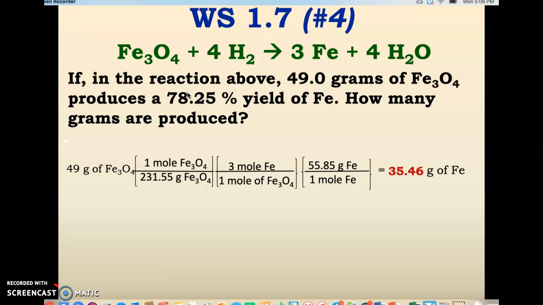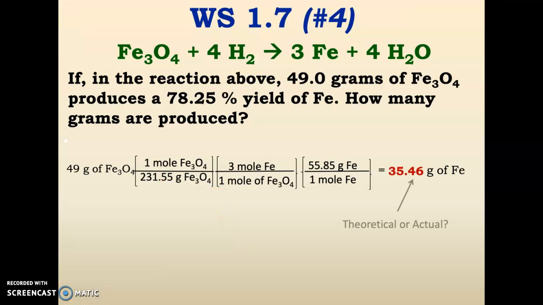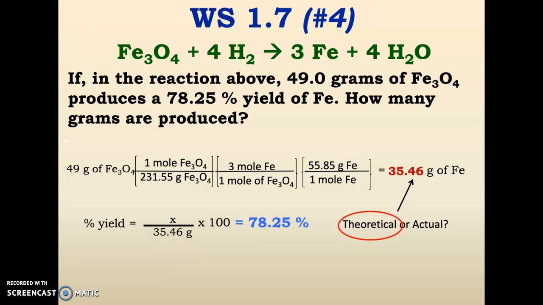So what I did was I calculated my theoretical here, and I remember my equation, my percent yield equation says actual over theoretical times 100 gives me my percent yield. Now in this case, I'm given the percent yield. I calculated theoretical. I'm trying to find the actual. So I just rearrange this equation, multiply by 35.46, divide by 100, and I get my actual amount of iron that must have been produced if that was my percent yield.